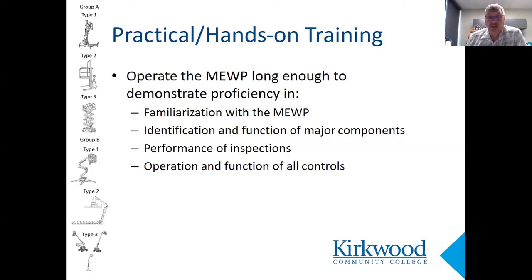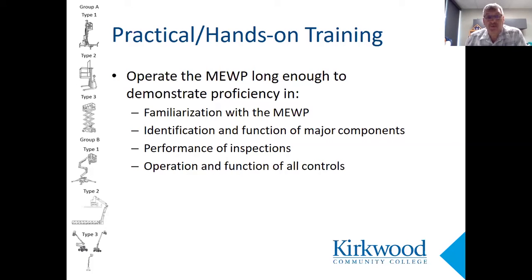ANSI does have a checklist within that standard. They suggest look at the owner's manual. You should be able to get the checklist from there for any kind of hands-on, or what's important to you that you think is relevant is kind of the checklist that you need to develop. Familiarization with the MEWP, again, they need to be familiar with it, what the warning signs are, what the emergency up and down are.